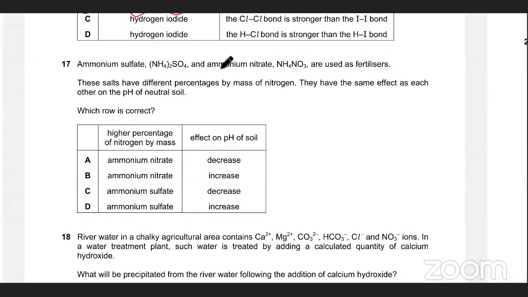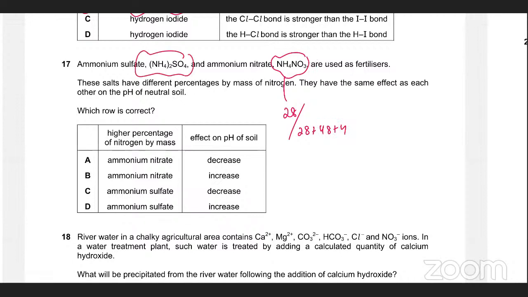Now, ammonium sulphate and ammonium nitrate are used as fertilizers. These salts have different percentages by mass of nitrogen. They have the same effect as each other on the pH of neutral soil. Which row is correct? For the higher percentage, you can just make a rough guess. This one has 2 nitrogens, so that's 28, and the overall Mr is 28 plus 48, since 3 oxygens is 48, plus 4 hydrogens.